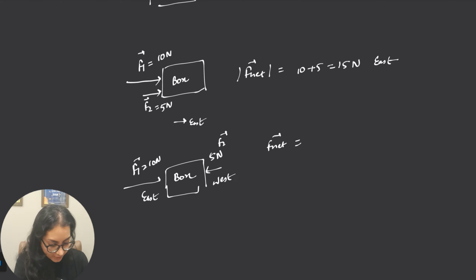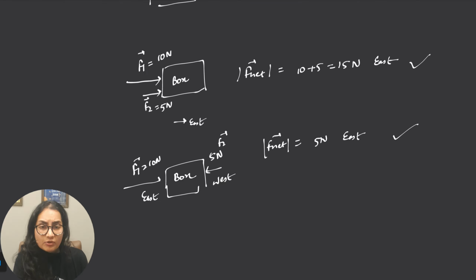No. Now the net force is 10 minus 5. That's 5 newtons. But ultimately, the box will be moving in east because I am applying more force into the east. So if I add the magnitudes, it will give me 15. Here it's giving me 5. Because vectors have direction, we cannot just simply add or subtract.